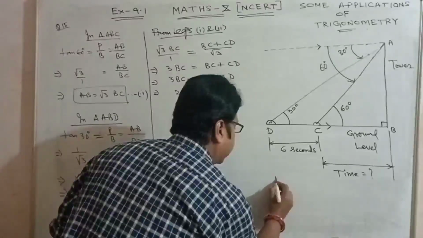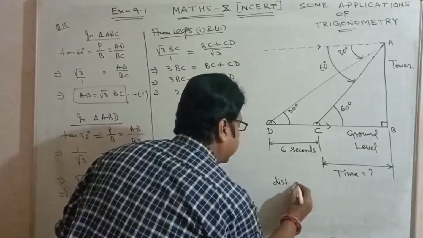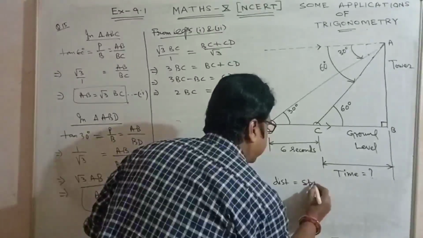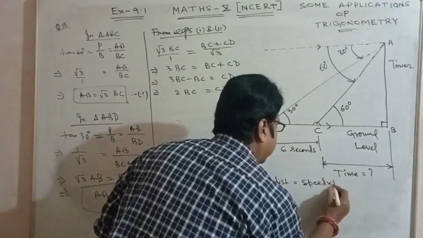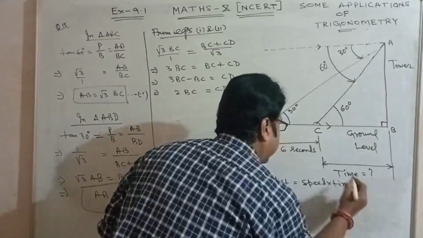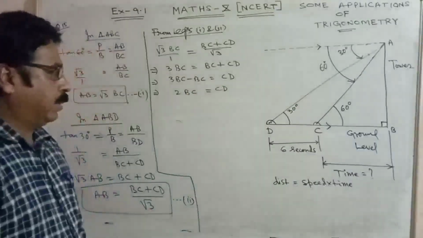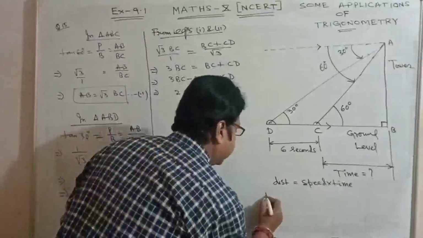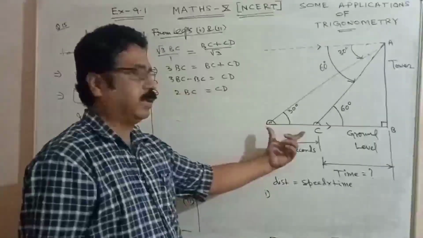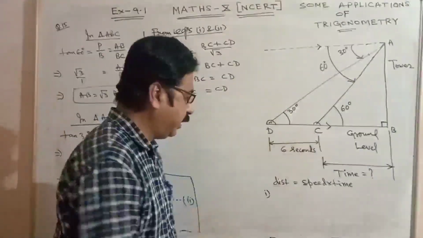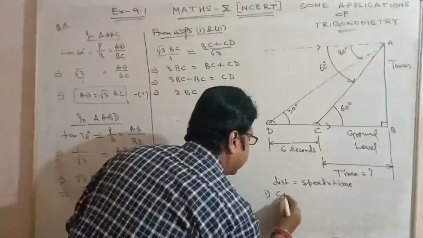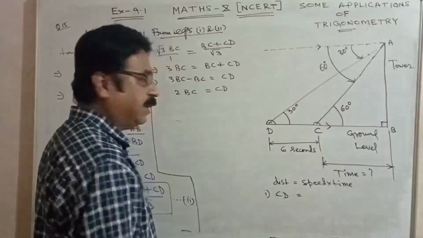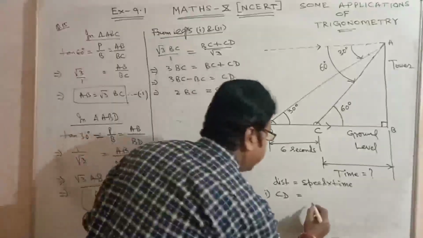Distance equals speed into time. For the first case, what is the distance? It is CD. Speed is uniform. Let the uniform speed be V.